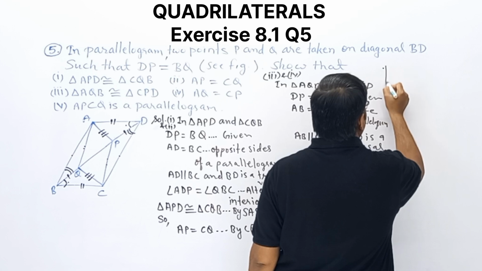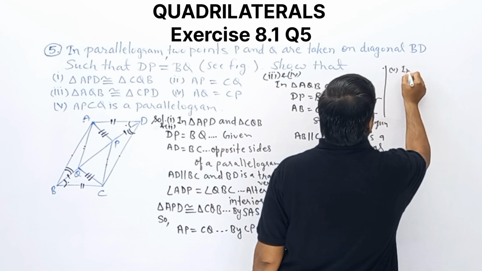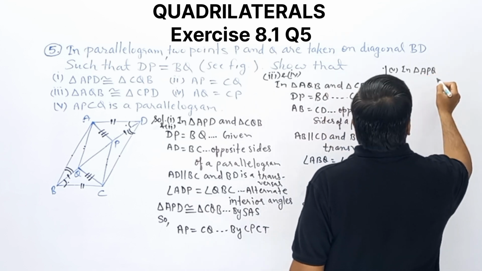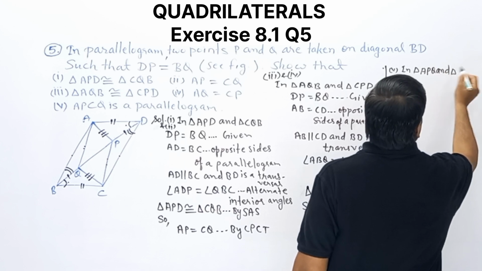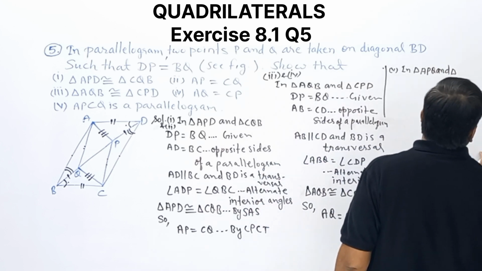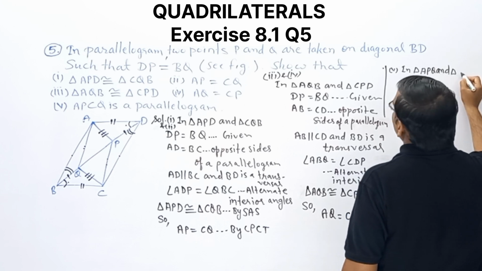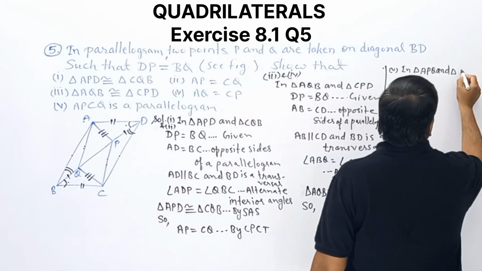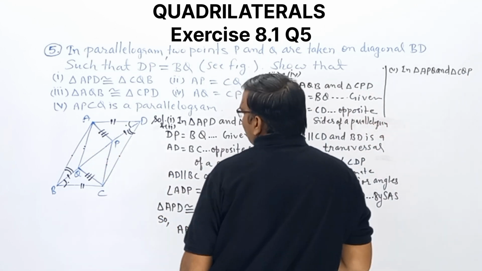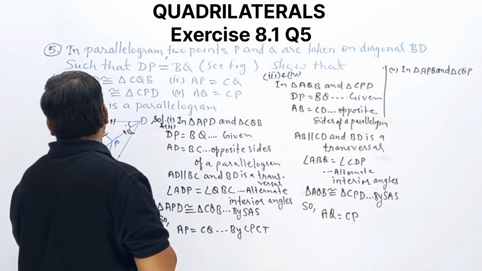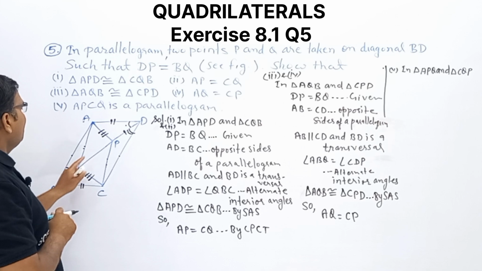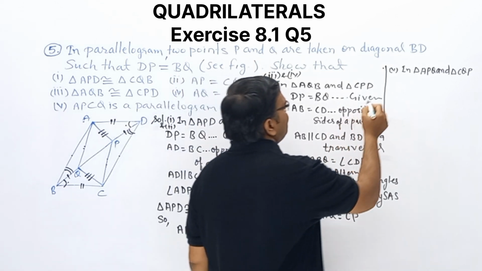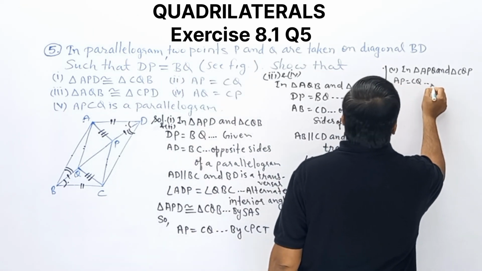Now last one, 5th one, in triangle APQ and triangle CQP, in these two triangles, what side is common? AP equal to CQ in these two triangles.